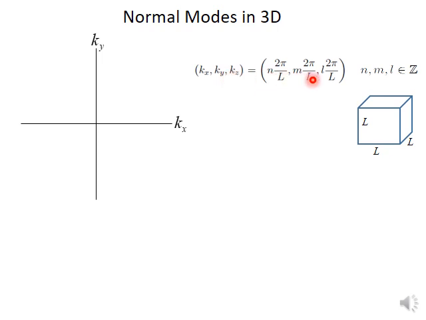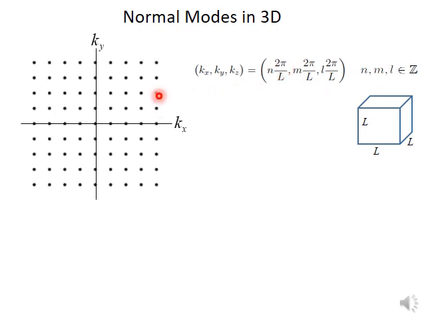they become quantized, and they have only discrete values, given by these three integers times 2 pi by L, integer multiples of 2 pi by L. So you do have only discrete values of k vectors allowed now. So this is a quantization in 3-dimensional space now for lattice vibration.